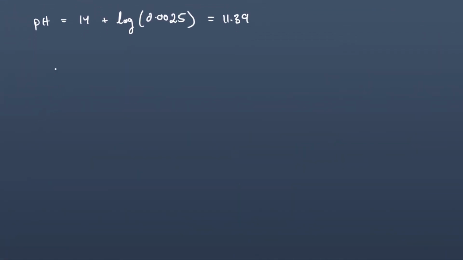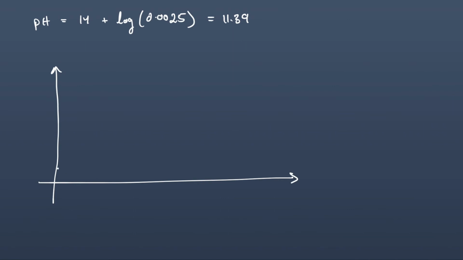So what does our curve look like? Well, here's our pH curve, and it's going to look something like this. We have some interesting points. We calculated this point here, and we calculated some points before that.